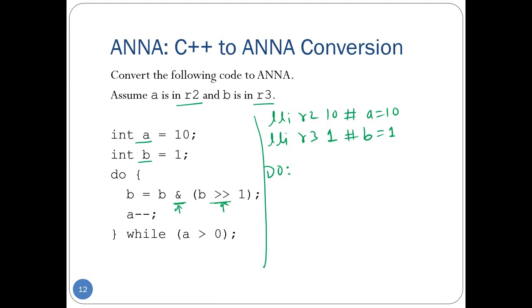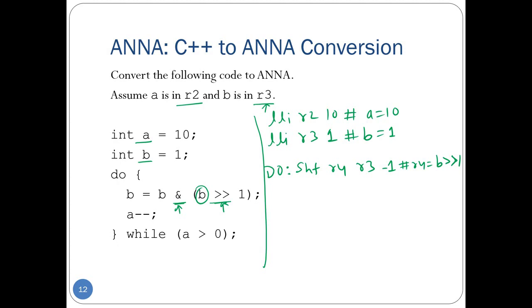So we want to do, let's say, shift in, let's use another register R4, and in R4 we want to shift this value of B, which is stored in R3, one position to the right, right? So recall that right shifts are negative, they are denoted by negative offset, so this is going to be -1. So this is basically same as saying R4 is equal to right shifted version of B by 1.